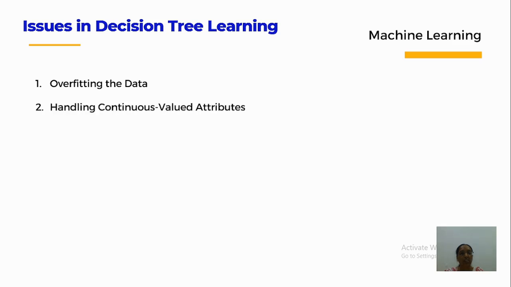The second one is how you are handling the continuous valued attribute. Decision trees naturally handle categorical attributes well, but require special treatment for handling continuous valued attributes. Third, alternate measures for selecting the attribute. How are you choosing the appropriate attribute selection measure?